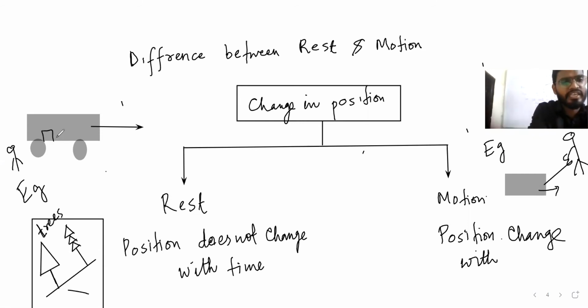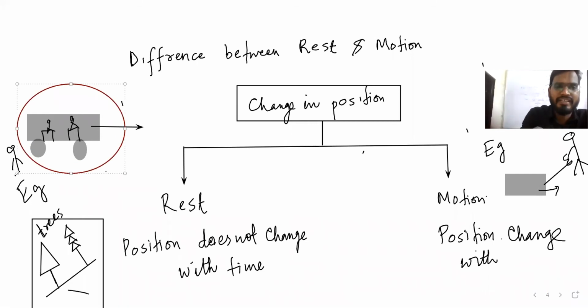And you are sitting inside the train in your respective seat. So you can say two systems are there. Let's see what the meaning of system is. One system is the train, and another system we can say here, let's change the color.